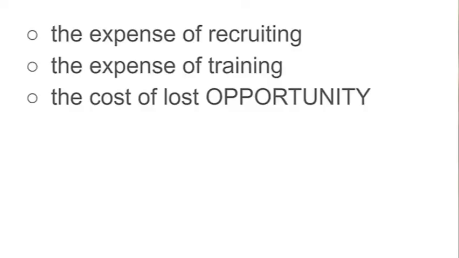Then there's the cost of lost opportunity. Let's say I've got a salesperson, for example, who's supposed to sell, say, $10,000 a month, and they're only selling $2,000 a month. You're actually losing $8,000 a month. Now you might say, well, I'm not really losing $8,000 a month. They're on commission. What does it matter? It matters because you are losing $8,000 a month.